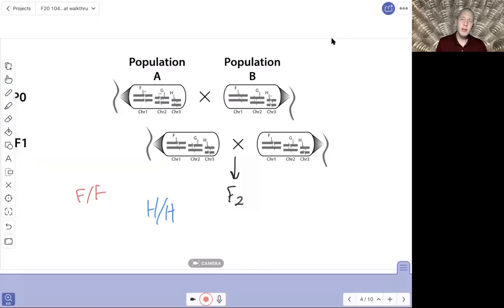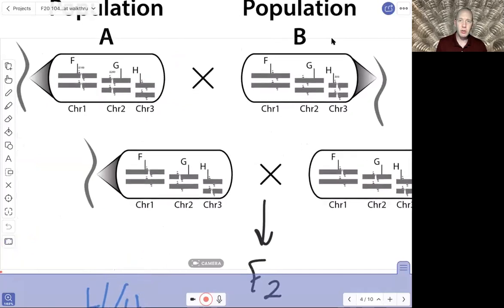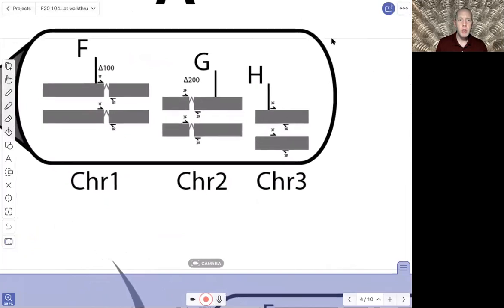Now let's zoom in a little bit and look in greater detail at what's happening at the molecular level in these genotypes.